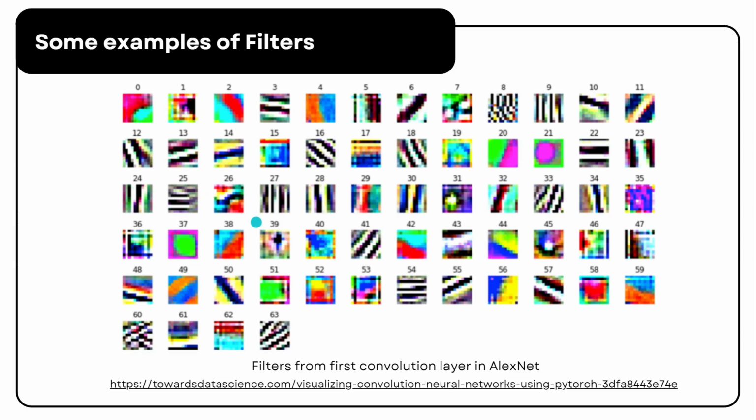So what's amazing is that the network learns these filters automatically just by being trained on image data. Each of these filters is now capable of detecting a certain type of feature in an input image, like a diagonal edge, stripe, or a blob of color.